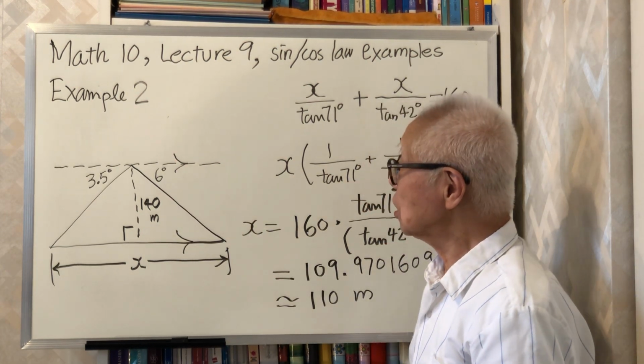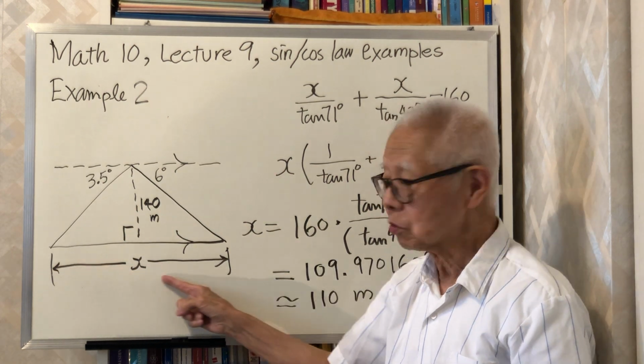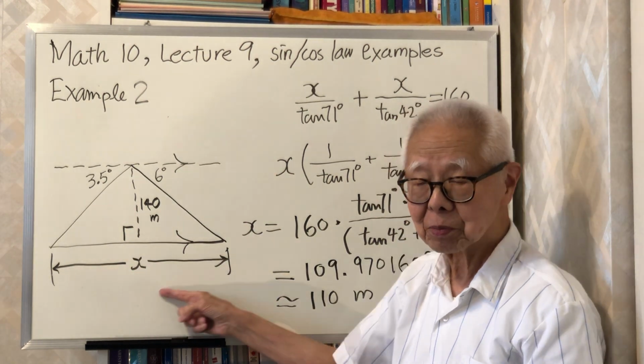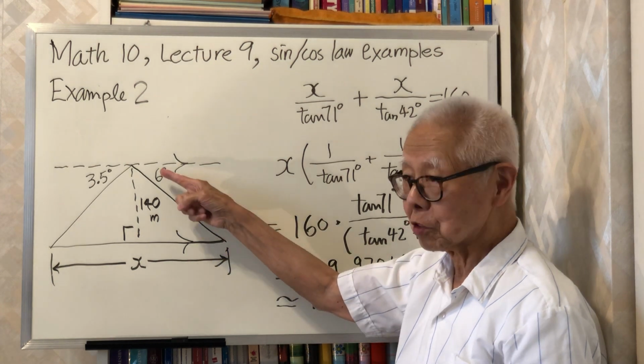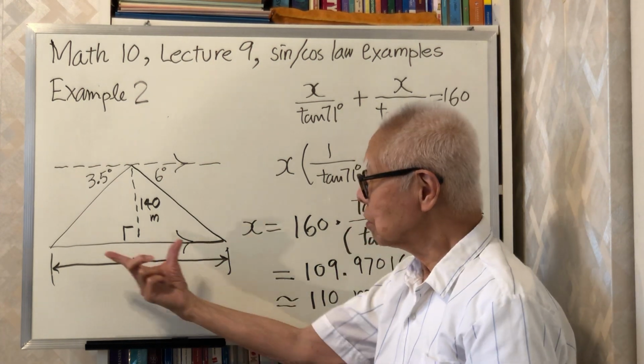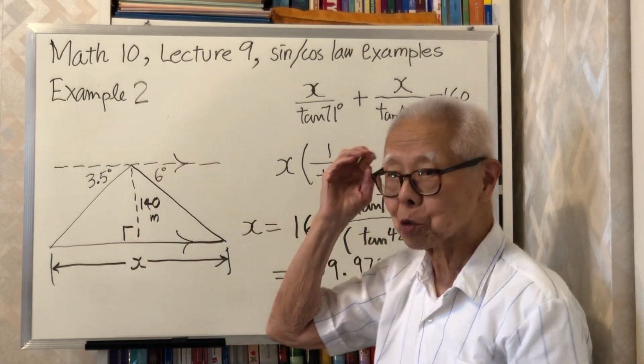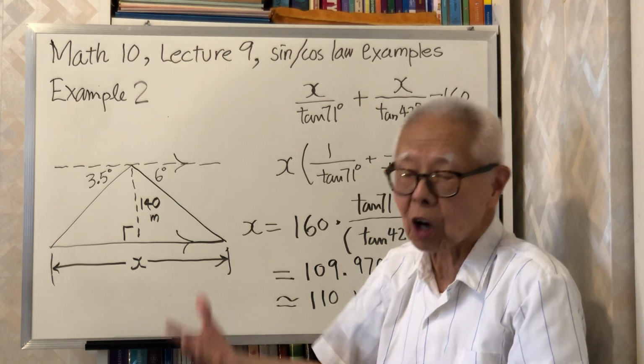In example 2, I want to find this length, and this is given. In example 1, this length is given and this length is what we want to find, so it's just the opposite.